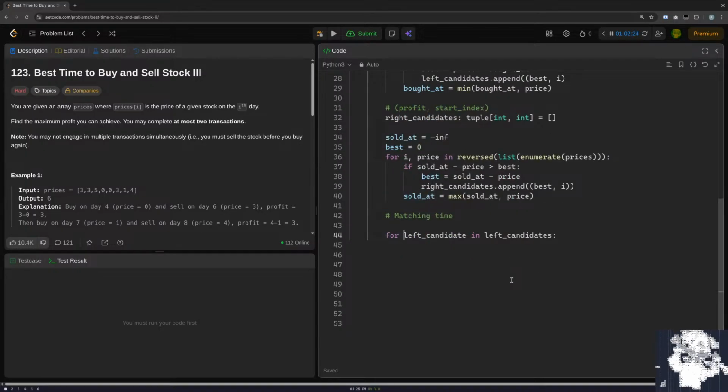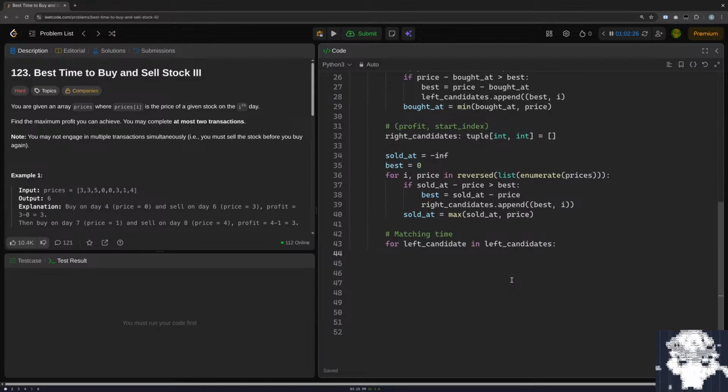Let me just do this without the binary search, just to see if it gives the right answer, before doing binary search. So for right candidate in right candidates.